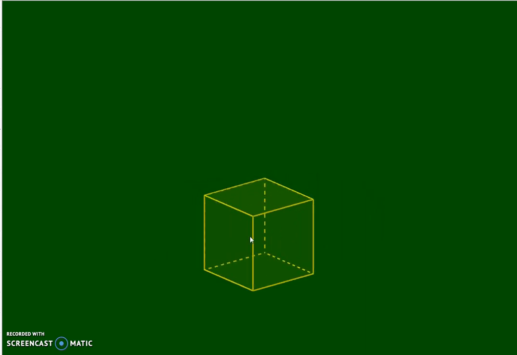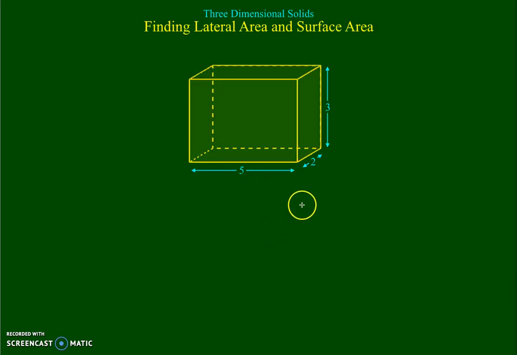Now that we've looked at the net of this prism, let's go ahead and actually calculate some values with an actual example. Here's our first example. We have a rectangular prism. We have a length of 5 units, a width of 2 units, and a height of 3 units. Now to find the lateral area, you can just find the areas of all the individual polygons and add them together, or you can apply a small basic formula.